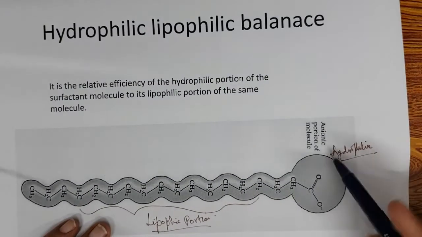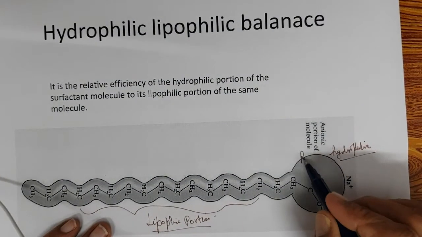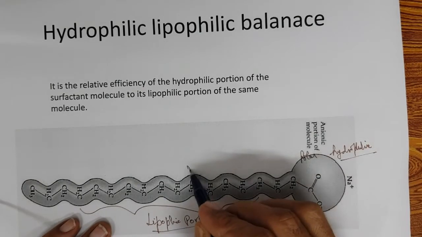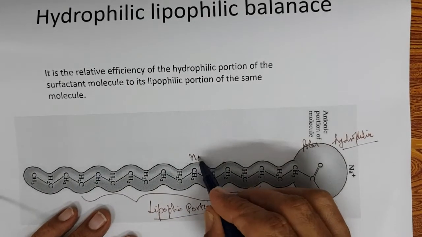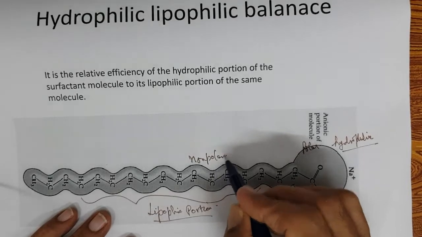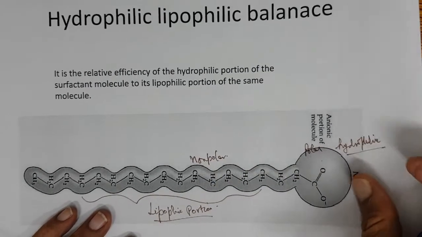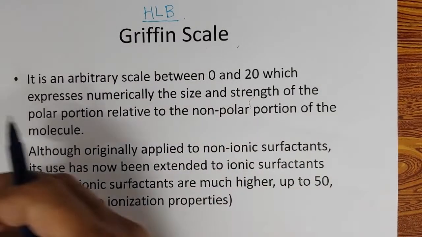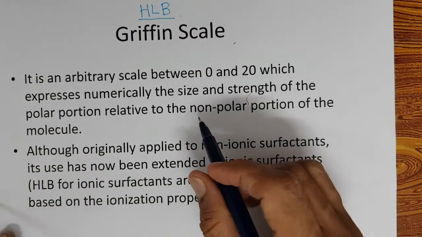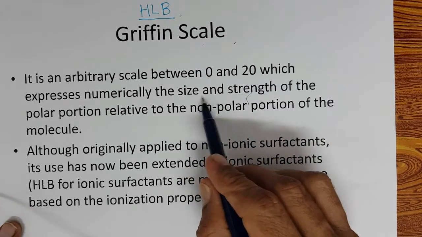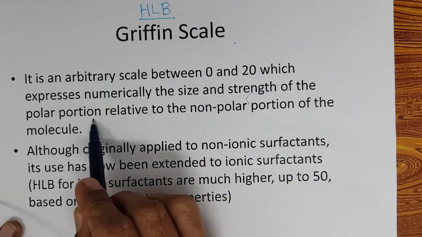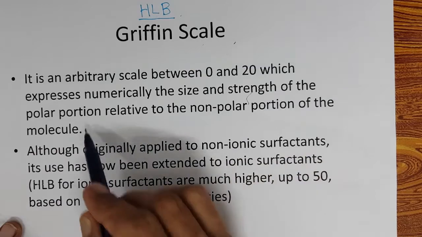This is the polar portion and this is the non-polar portion. So HLB says it is the size and strength of the polar portion relative to the non-polar portion of the molecule.